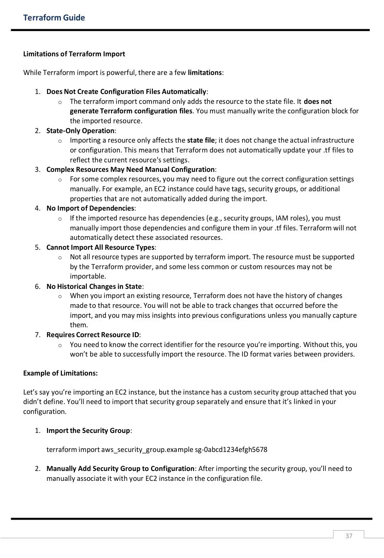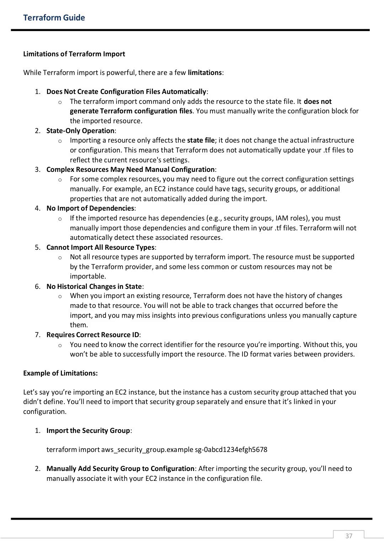Example of limitations. Let's say you're importing an EC2 instance, but the instance has a custom security group attached that you didn't define. You'll need to import that security group separately and ensure that it's linked in your configuration. 1.